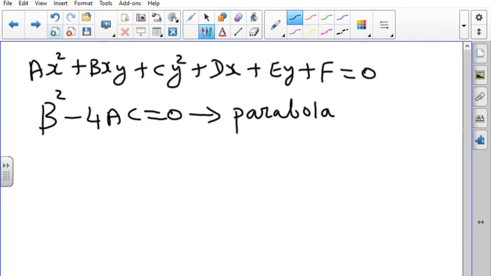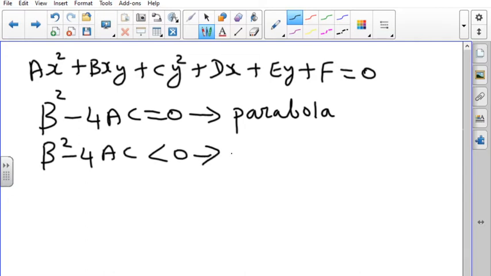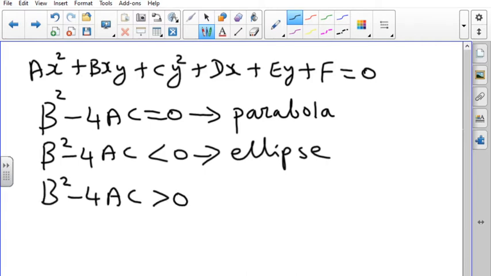When b square minus 4ac is less than 0, we get an ellipse. And when b square minus 4ac is greater than 0, we get a hyperbola. So remember this.